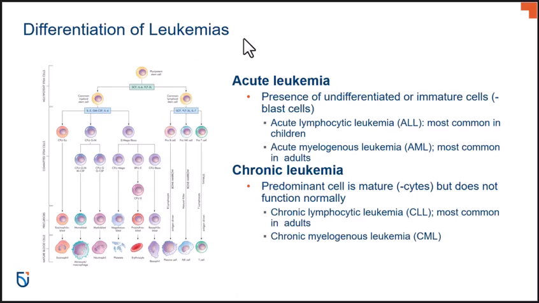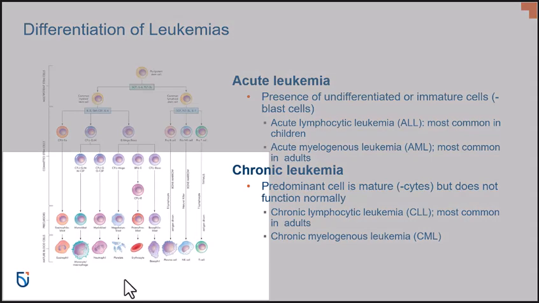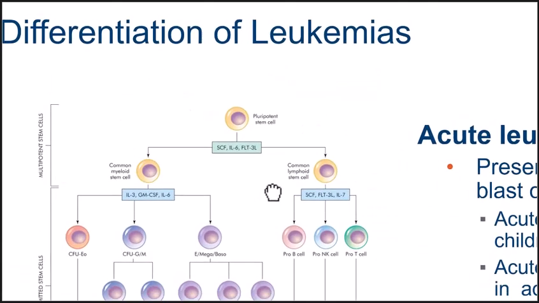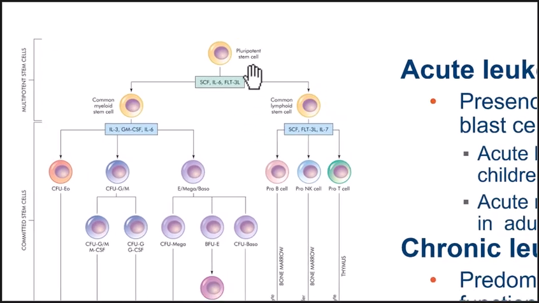Looking back now at leukemias, we'll differentiate between acute and chronic forms. Both acute and chronic forms of leukemia can exist as lymphocytic or myelogenous. So what does that mean? Well, let's have a look here. If we look at this pluripotent stem cell that can differentiate into a variety of different things, we have myeloid and lymphoid arms.